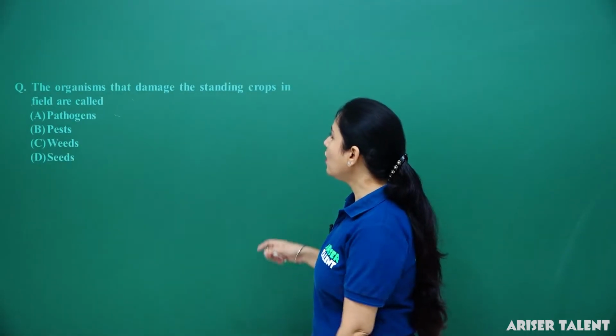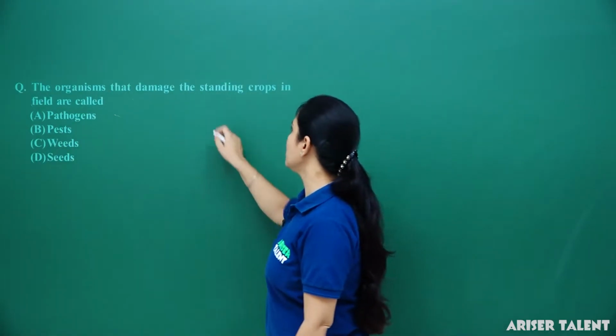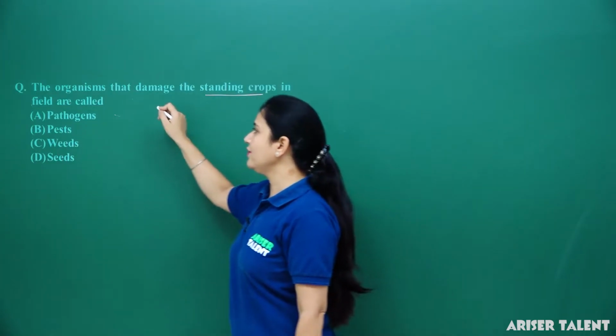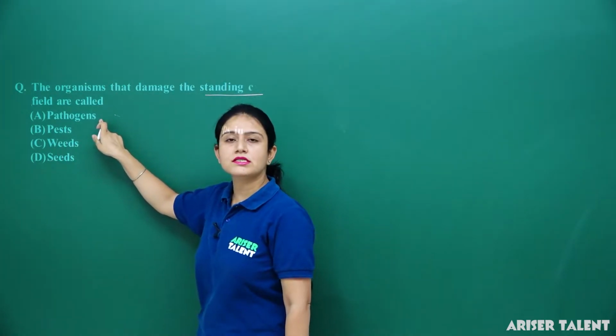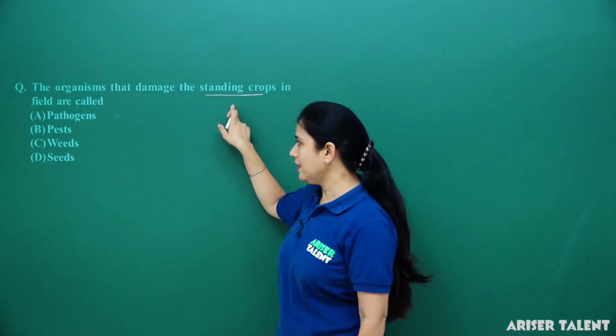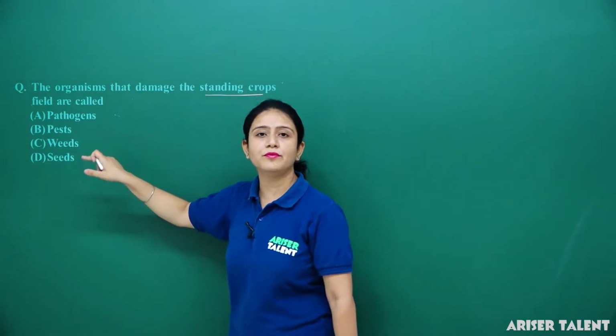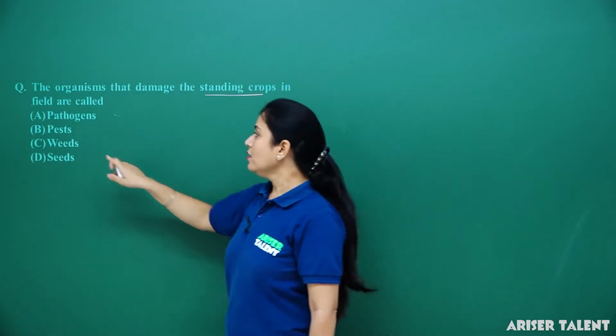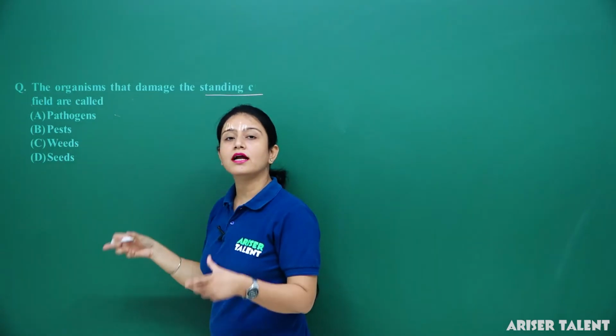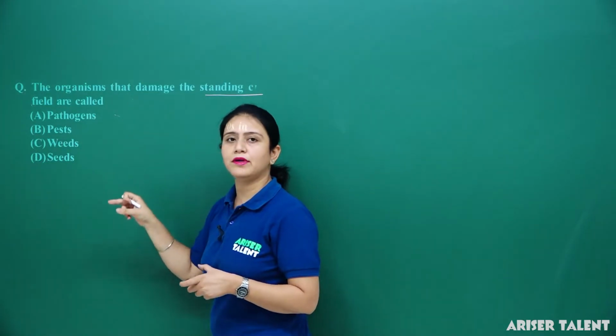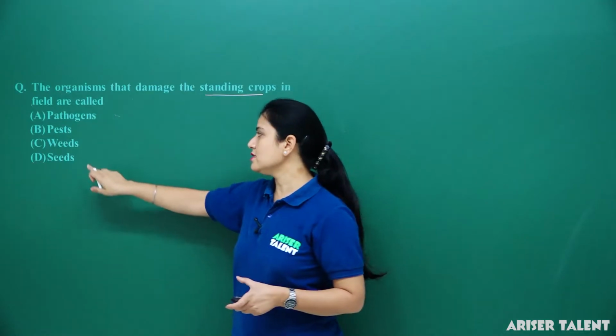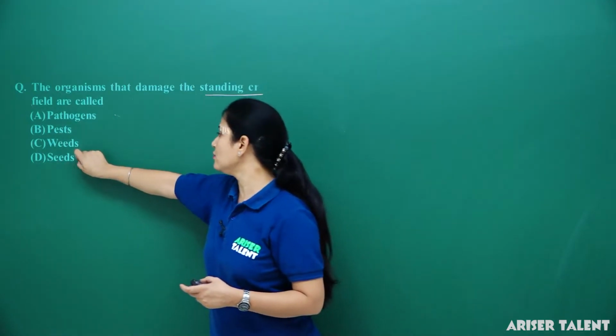Next is, the organisms that damage the standing crops in the field are pathogens, pests, weeds, or seeds. Pathogens cannot damage the standing crops. What are pests? Insects. Weeds are the unwanted plants that grow with the crops, and seeds are not the option.